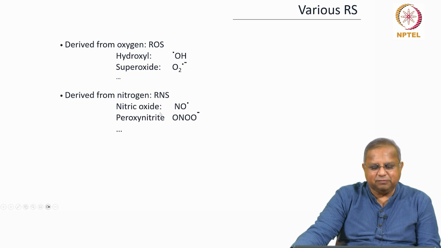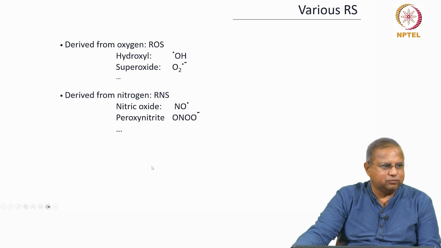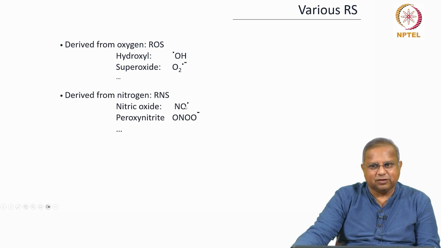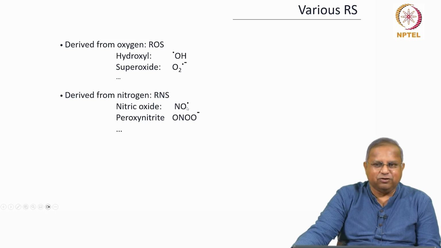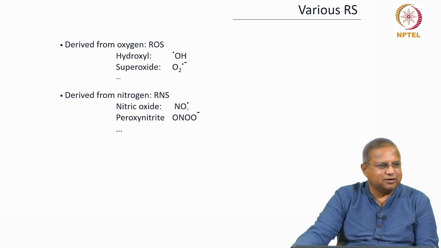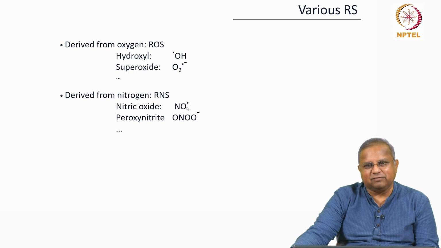Reactive nitrogen species, RNS, are the ones derived from nitrogen. Some classic examples are nitric oxide, which plays a lot of physiological roles, NO dot, peroxynitrite, ONOO minus, and so on and so forth. If you see here, you have oxygen also, as an important part of a molecule, but this is typically not classified as a reactive oxygen species, it is classified as a reactive nitrogen species.